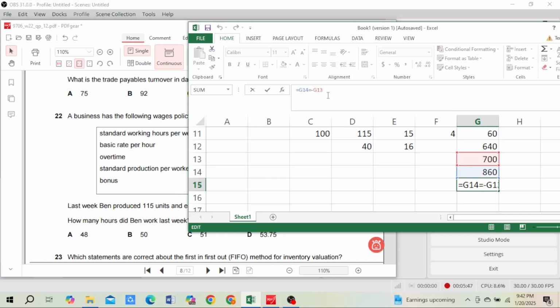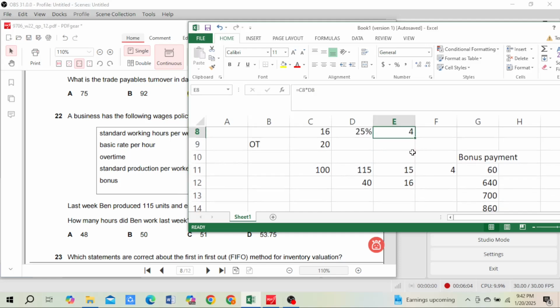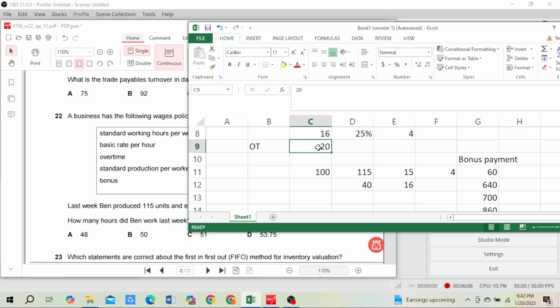So this 160 is the overtime payment. Now we know that for each hour of extra time they work, they would get 20, which we calculated out here.